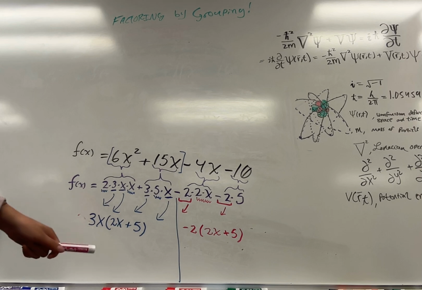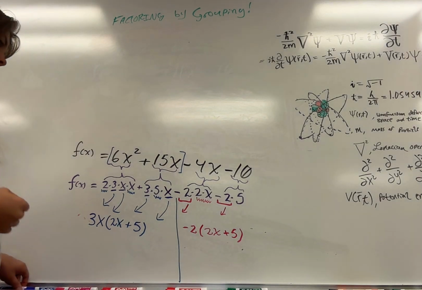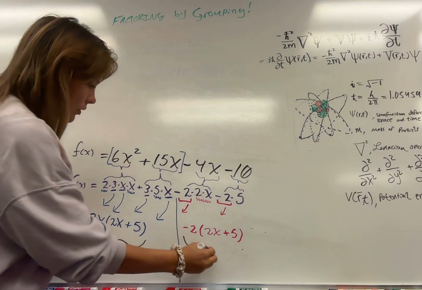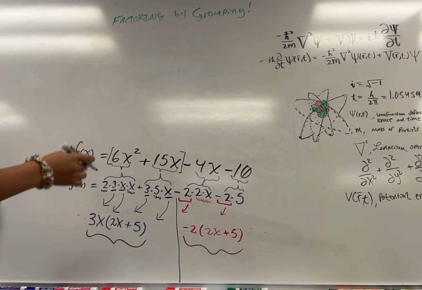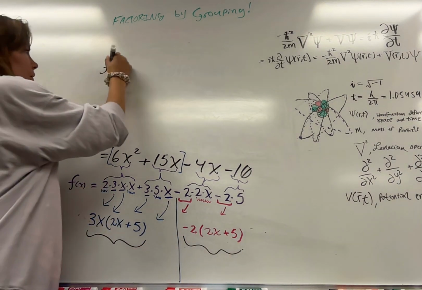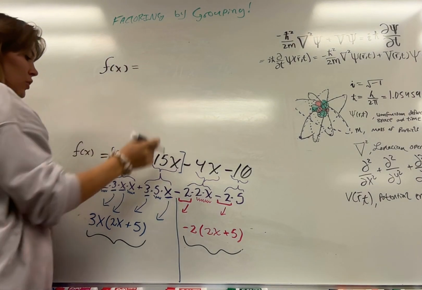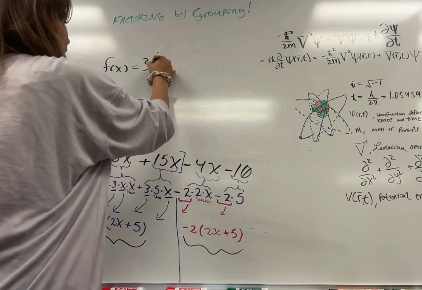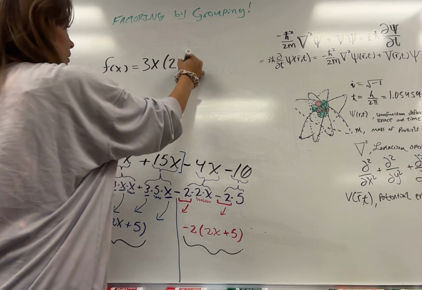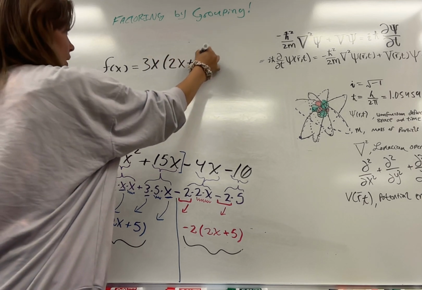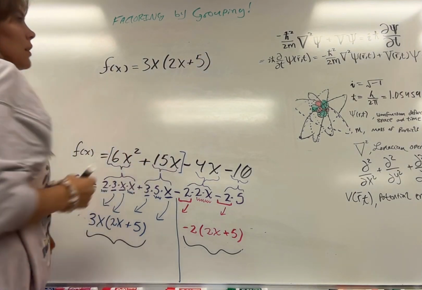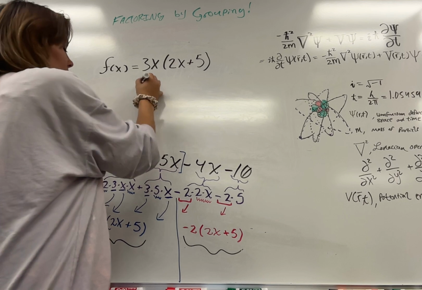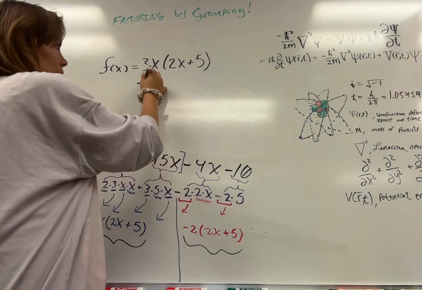So let's take group 1 and we'll take group 2 and we'll rewrite f of x in terms of those. So what we get is f of x is equal to group 1, which we factored to 3x times 2x plus 5, minus group 2.